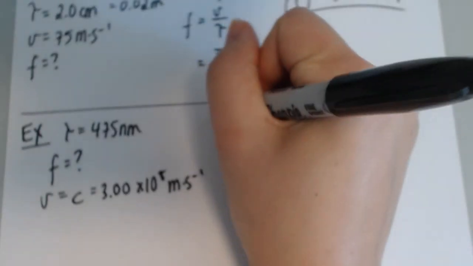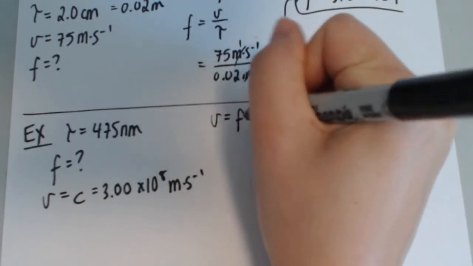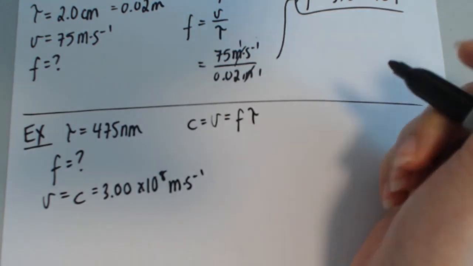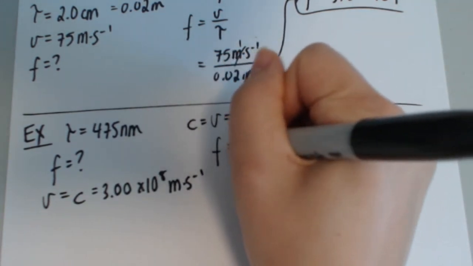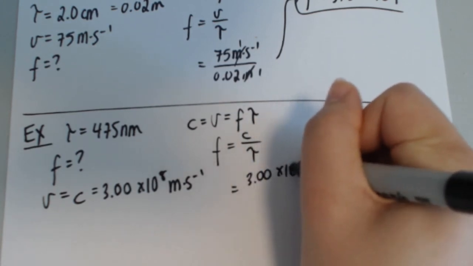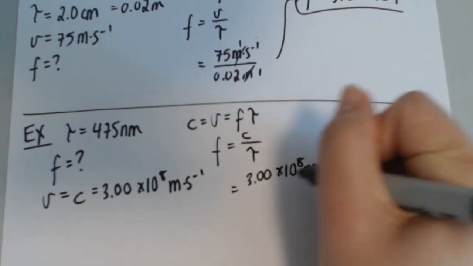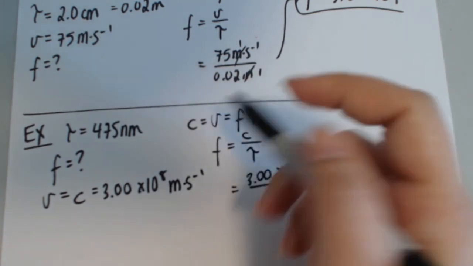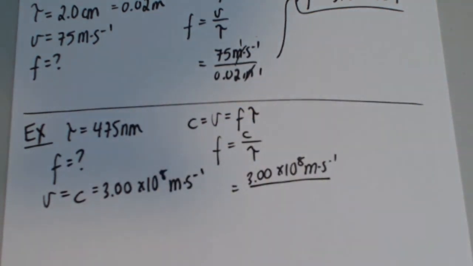Okay, universal wave equation, v equals f lambda, or in this case, c equals f lambda. If we rearrange for f, it's c over lambda. So that's 3.00 times 10 to the 8 meters per second divided by, now, nanometers. I'll show you where that is in the data booklet in case you forgot.